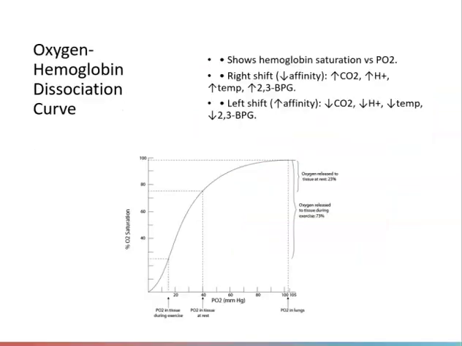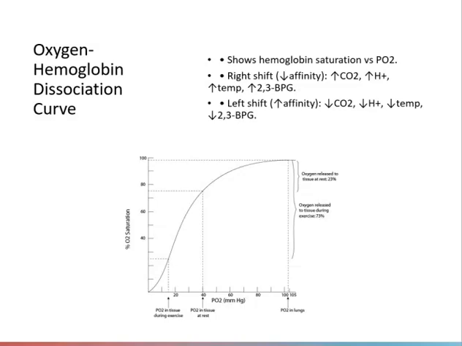Alright, and finally, the oxygen hemoglobin dissociation curve. This curve shows how hemoglobin's affinity for oxygen changes with the partial pressure of oxygen. The right shift, caused by increase in CO2, increased temperature, decreased pH, or increased 2,3 BPG, reduces affinity, helping unload oxygen into tissues.